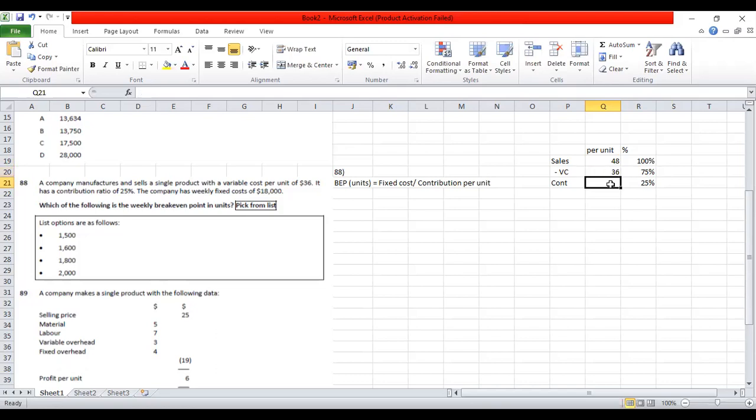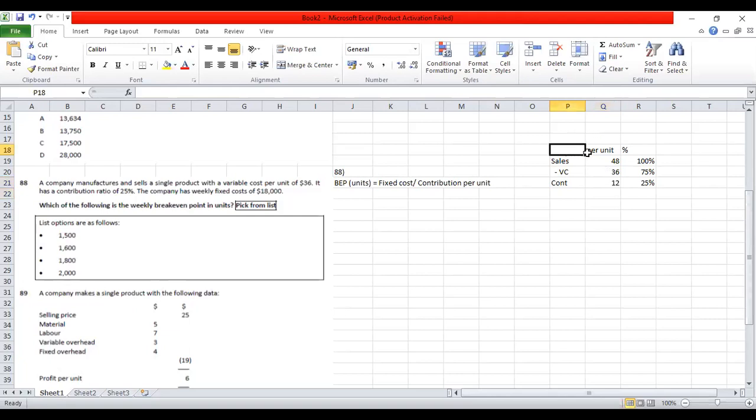Then similarly, we can now deduct selling price minus variable cost and arrive at contribution, or use the same logic: 36 into 25 by 75. So that will be 12. Now, can we find out the break-even point?